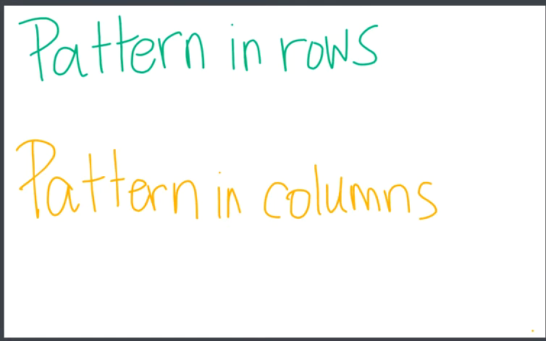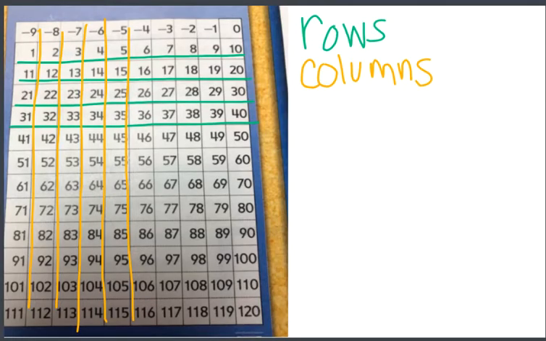We're also going to talk about patterns in rows and patterns in columns. And what I think is kind of cool is that rows is one of our vocabulary words. So right here I have another picture of our hundreds chart, and in green I have rows, and in yellow or gold I have columns.